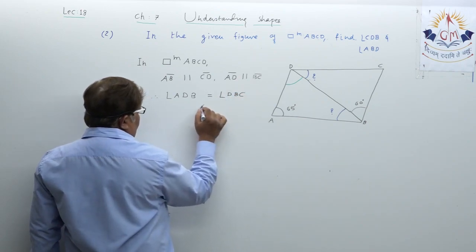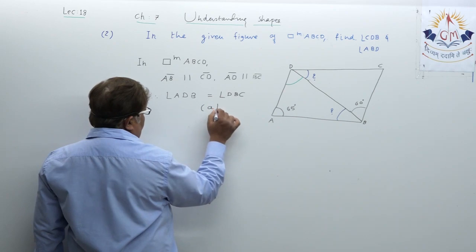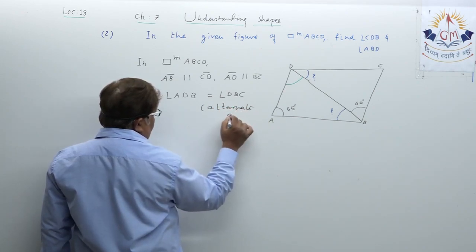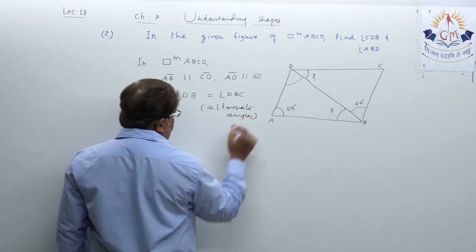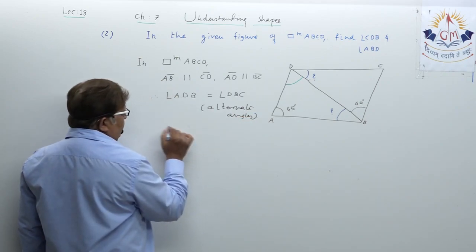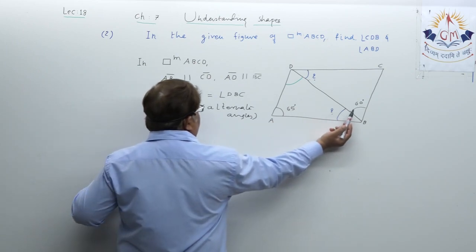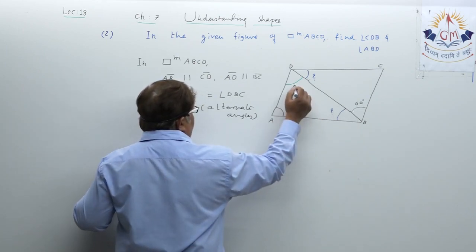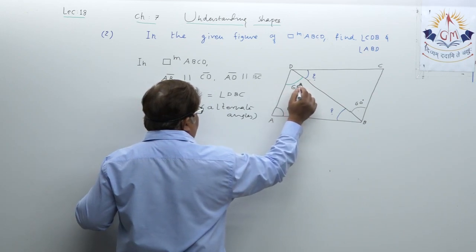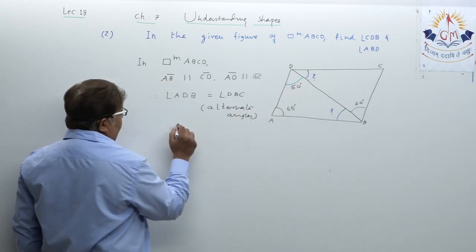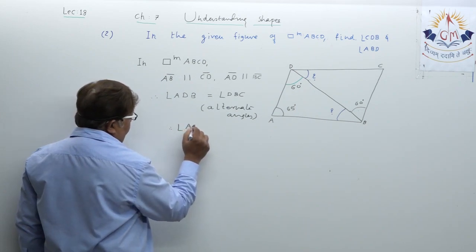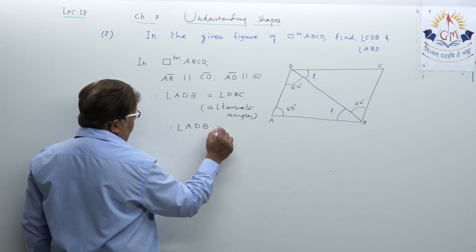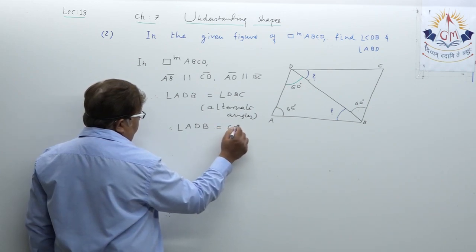Why? You can write alternate angles. Therefore, because angle DBC is 60, this is also 60 degrees. Let us mention therefore angle ADB is 60 degrees.